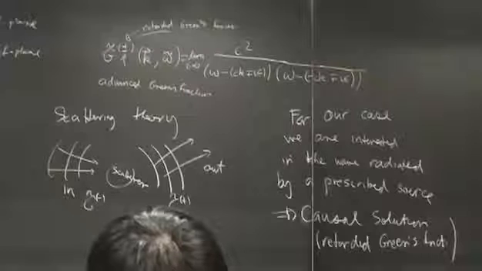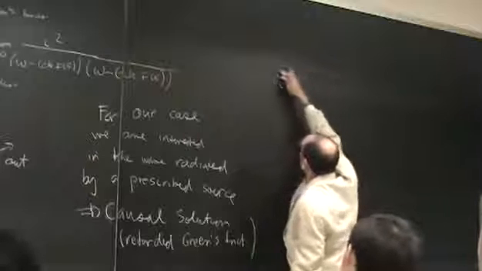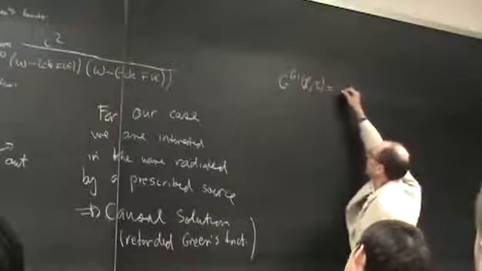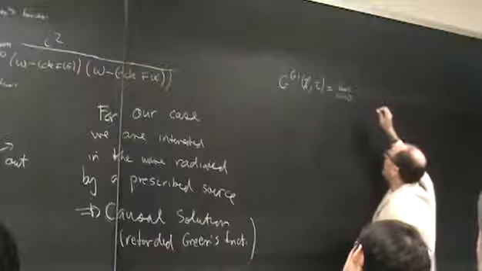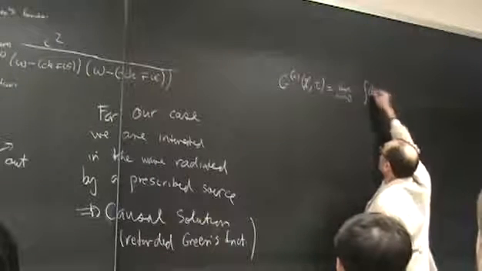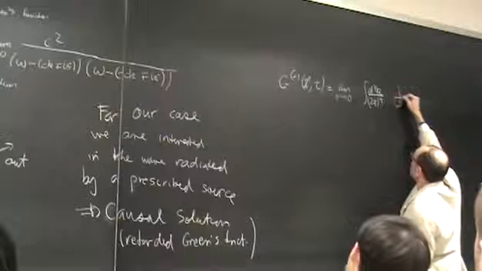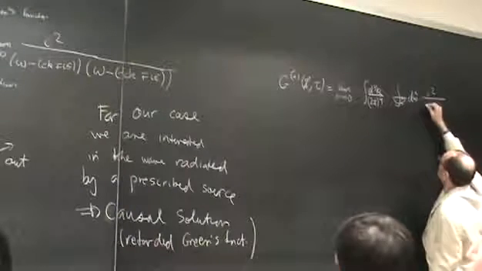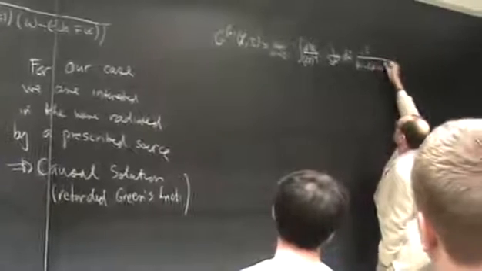So that means that the retarded Green's function as a function now of position and time is equal to the limit as epsilon goes to 0 of this integral with this set of poles.